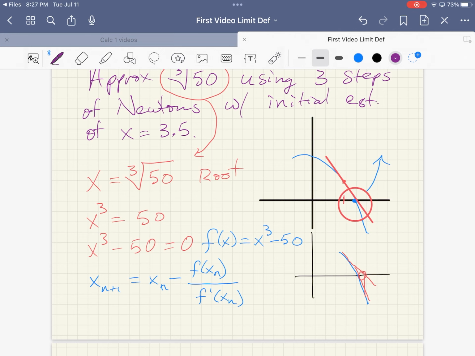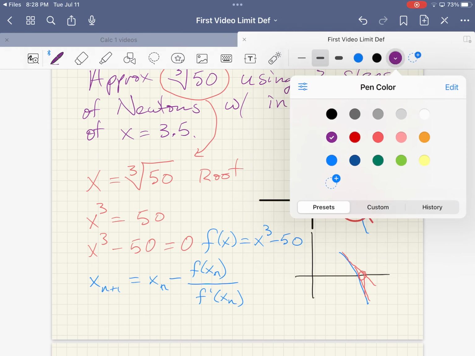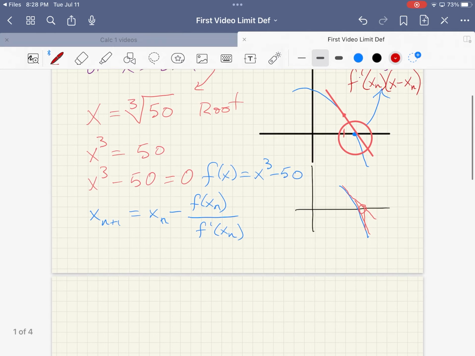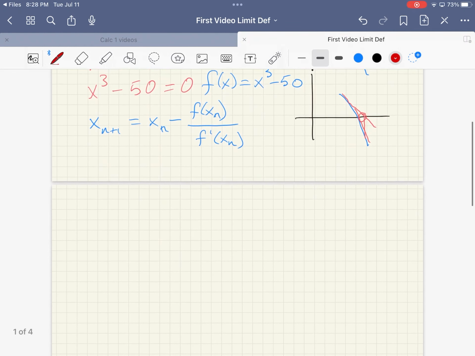So think about this. This is the tangent line, which we could think of as being y minus the function value at x sub n, equals the derivative value at x sub n times x minus your x sub n. Okay, so notice that when we do that, I'm going to bring that down here.